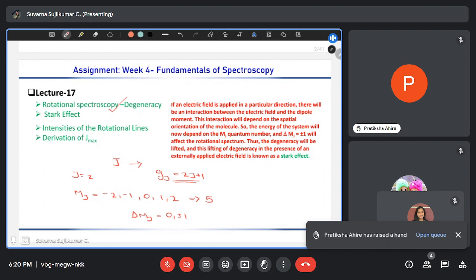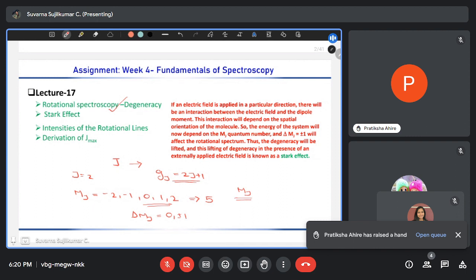So with the same energy in rotational spectroscopy, five degenerate states are possible. Their orientation is given by the value M_J, right? Followed by, we discussed the Stark effect. Consider an electric field applied to a molecule in a particular direction. There will be an interaction between the electric field and the dipole moment of the molecule, right?